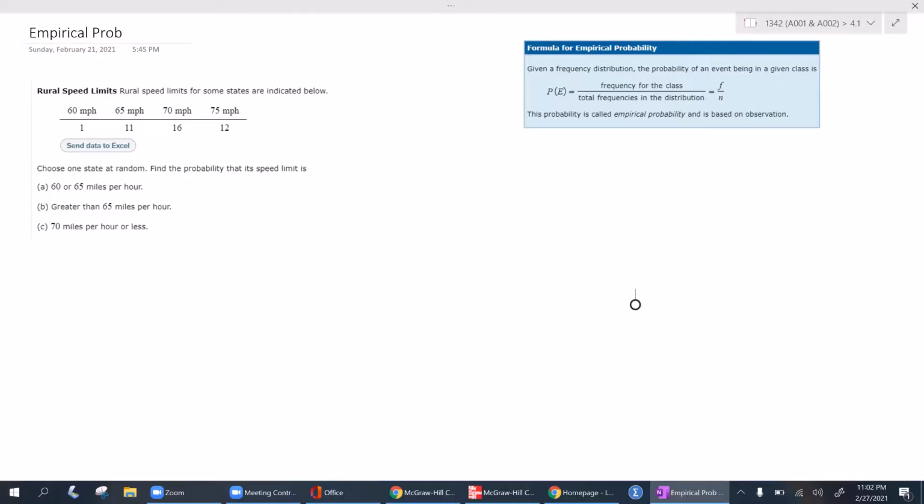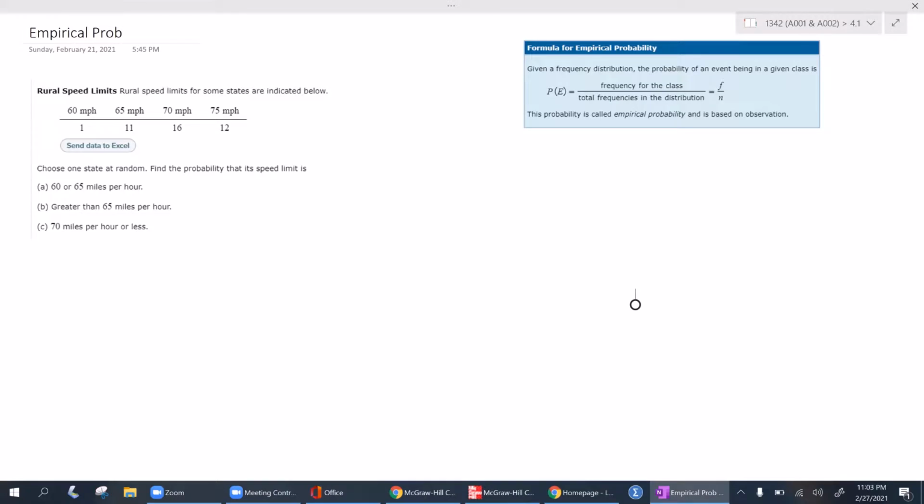Rural speed limits for some states are indicated below: 60 miles per hour once, 65 miles per hour is 11 states, 70 miles per hour is 16 states, and 75 miles per hour are in 12 states. So let's just say you're going to choose a state at random. Find the probability that its speed is 60 or 65 miles per hour.